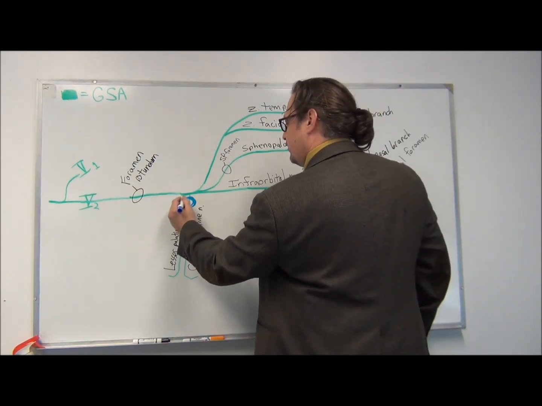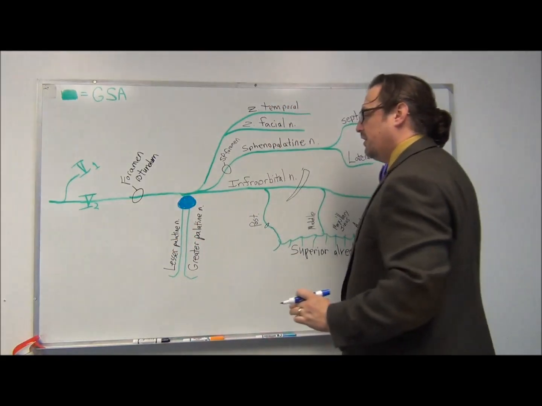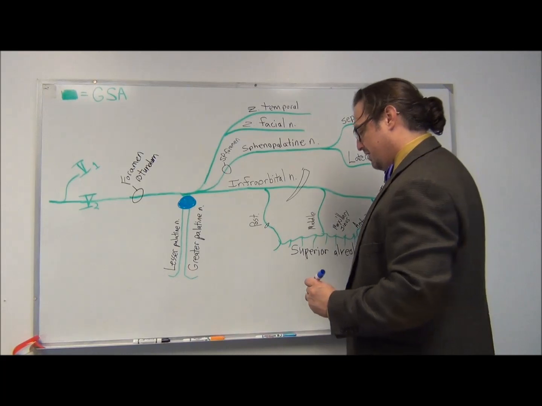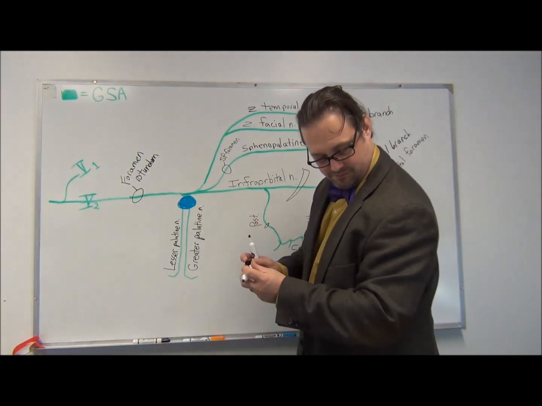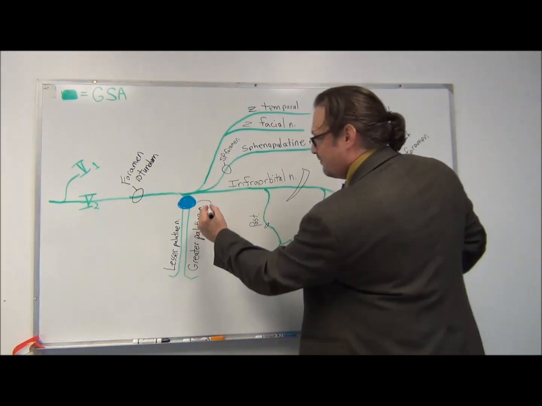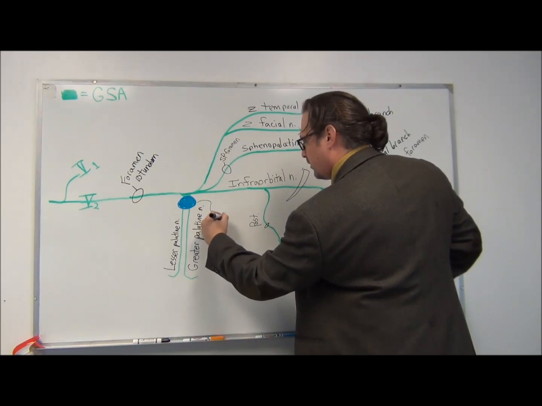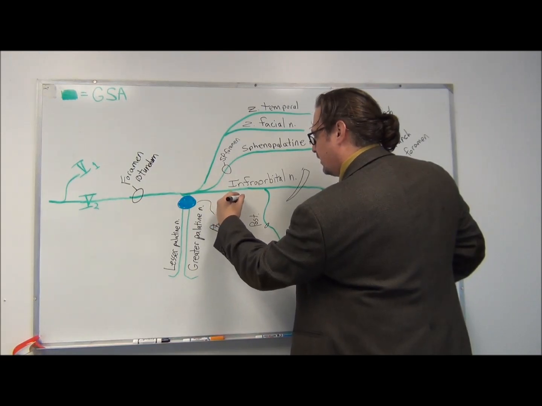There's a ganglion just hanging out near where the palatine nerves jump off of the maxillary nerve, and this guy is referred to, make sure I'm putting it someplace we won't miss it, the pterygopalatine ganglion.